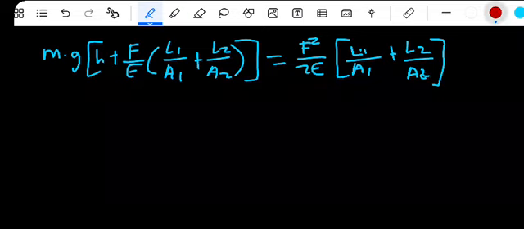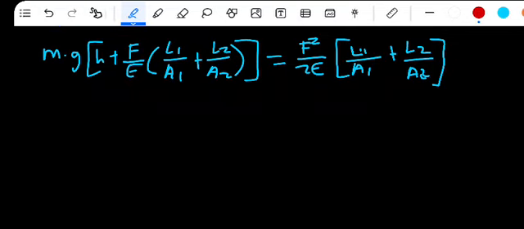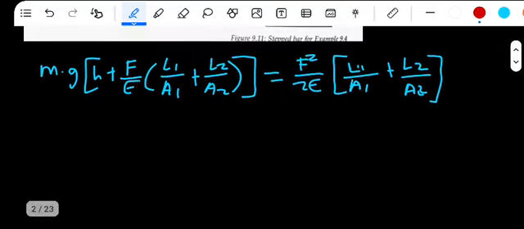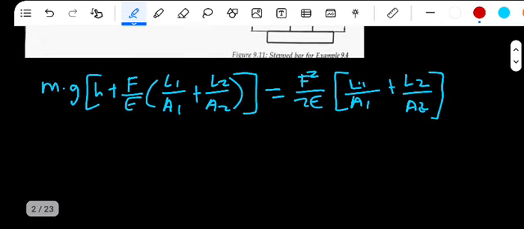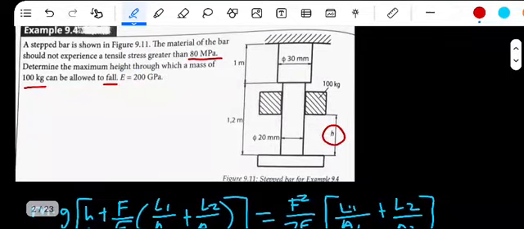This is the formula we're supposed to use there. Alright, so this is what we're supposed to use. We want h. Alright. So are we given the mass?